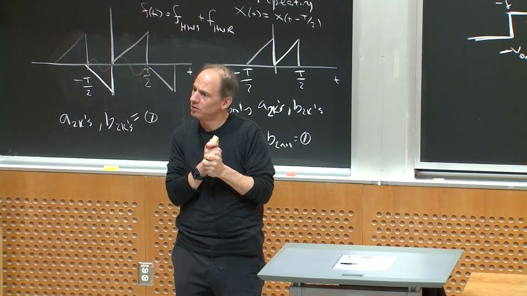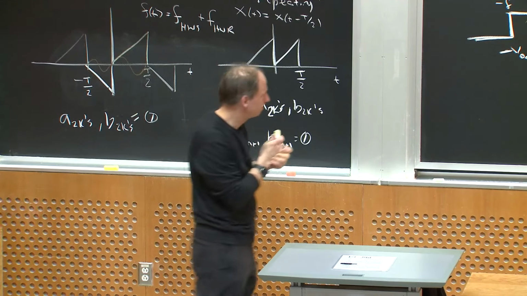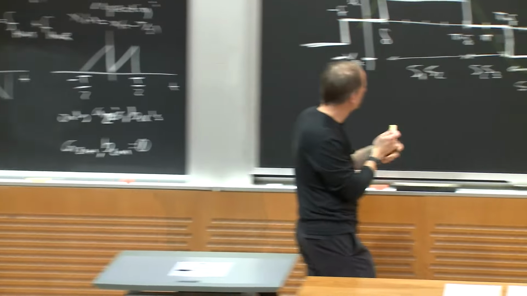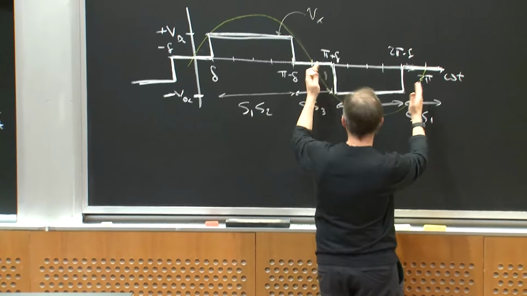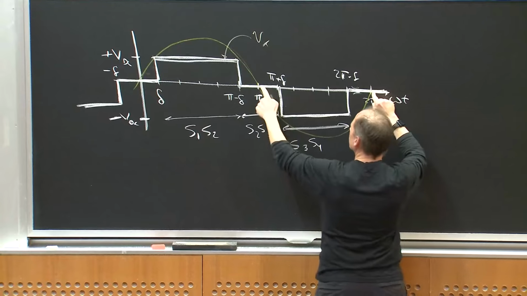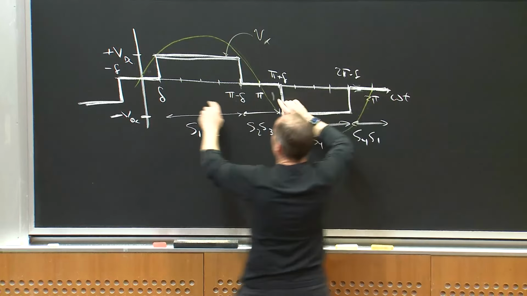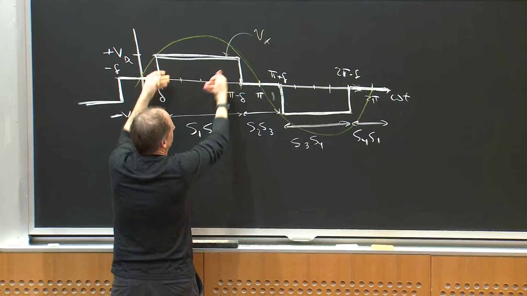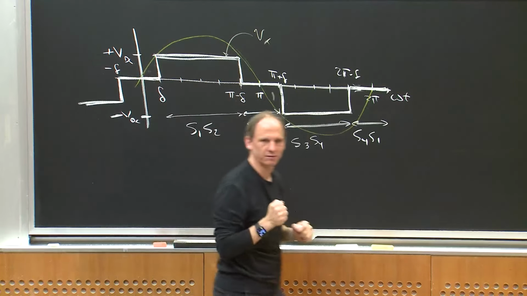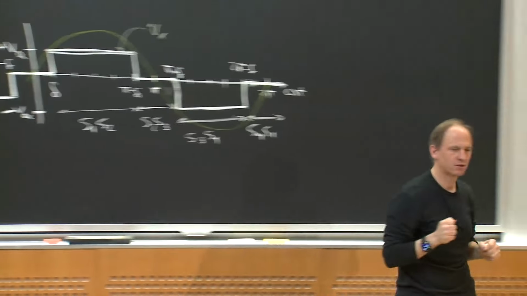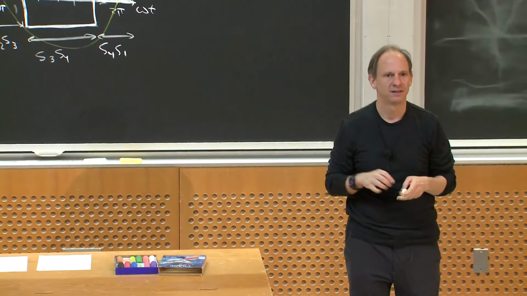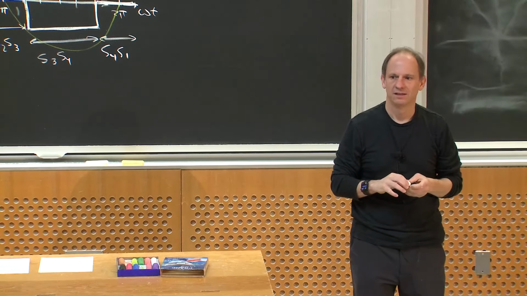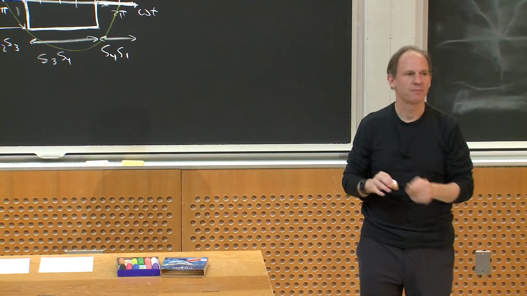What else did I do in this waveform? Well, you notice that the negative half of the waveform is exactly the flip. I come back half a cycle and I flip it for the first half of the cycle, right? What characteristic has that? It's half-wave symmetric.